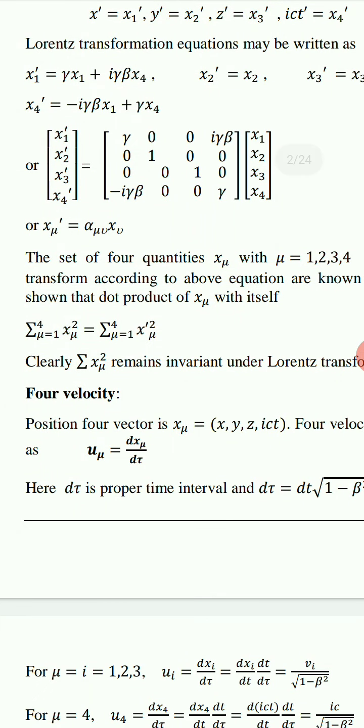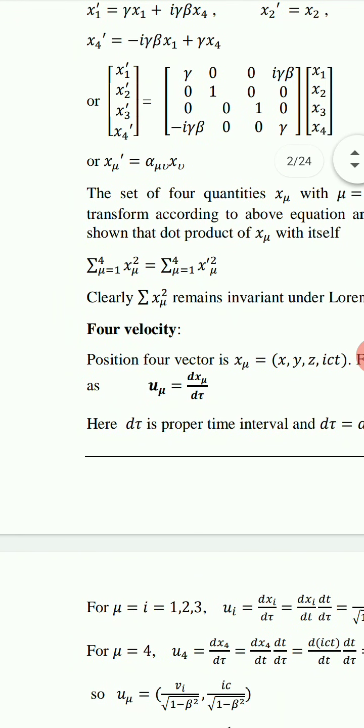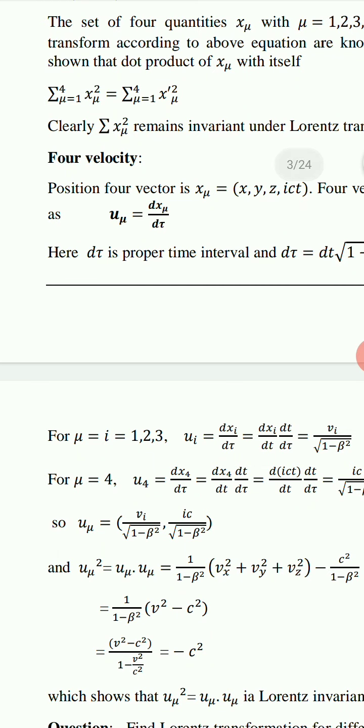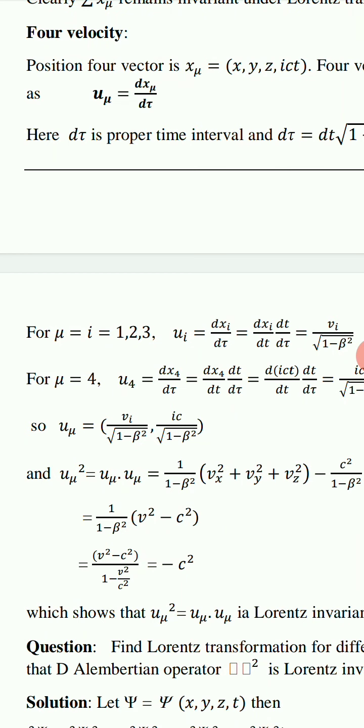Now there are many four vectors. This x mu is the four vector for space and time. Another four vector is the four velocity. The position four vector is x mu, four components of which are x, y, z and ict.